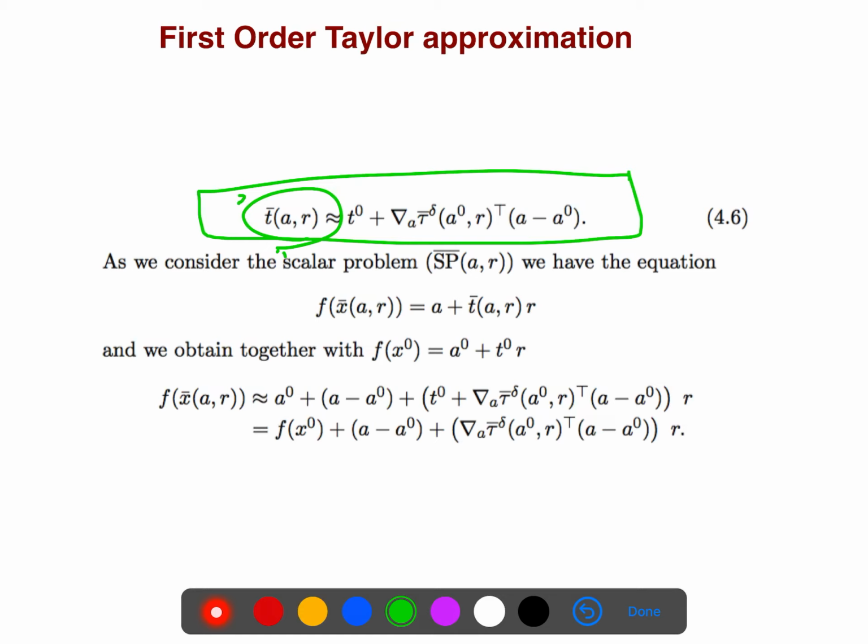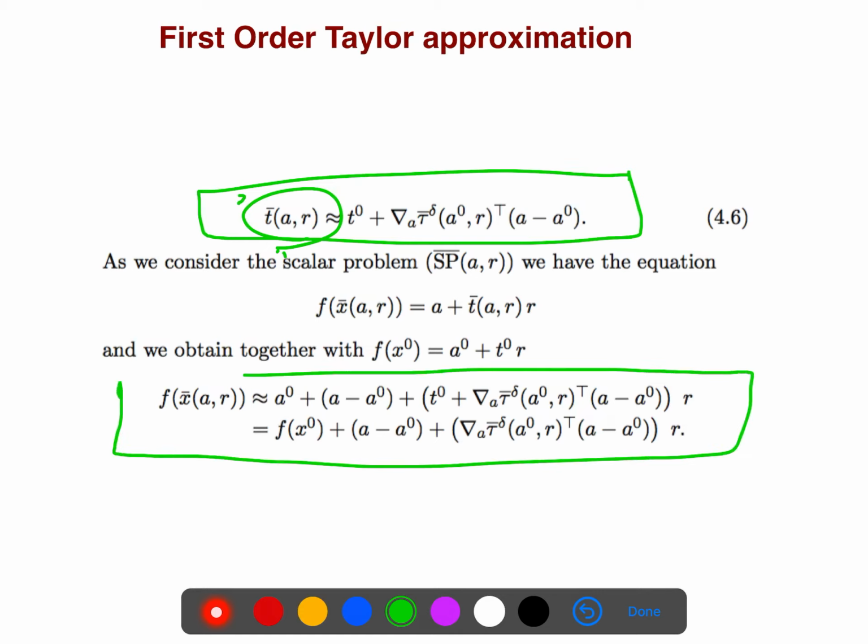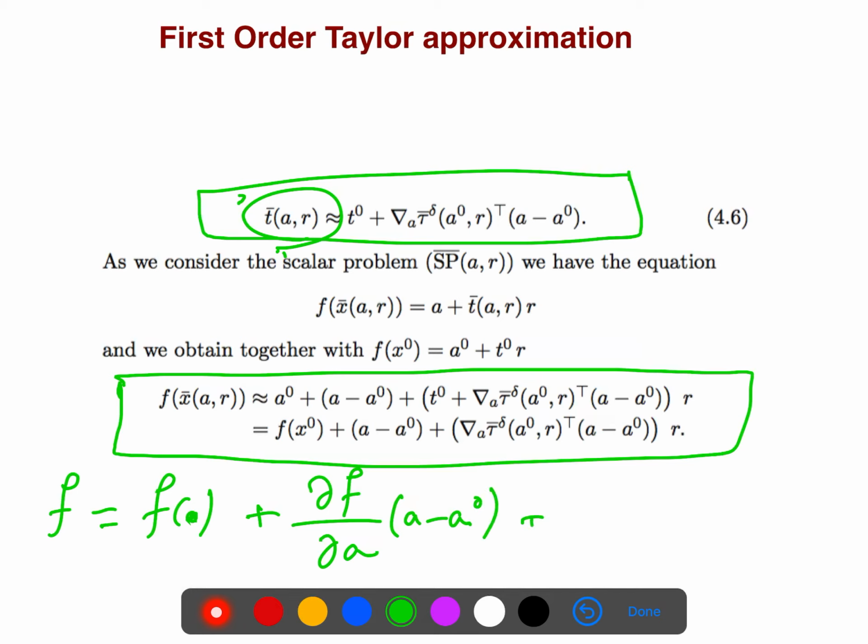You can also use the first order Taylor approximation for f: f is equal to f at a0, plus the partial derivative of f with respect to a times a minus a0, plus the partial derivative of f with respect to r times r minus r0.